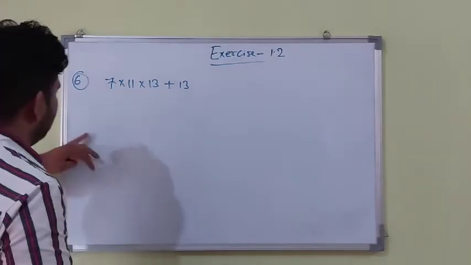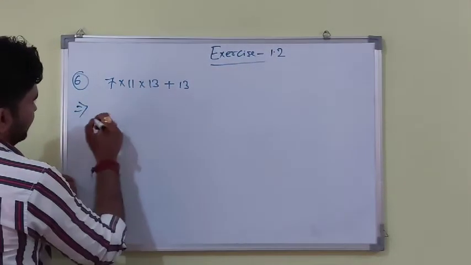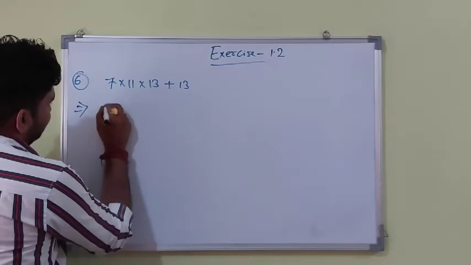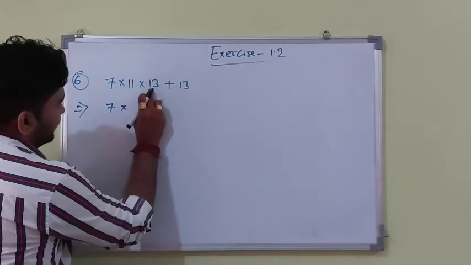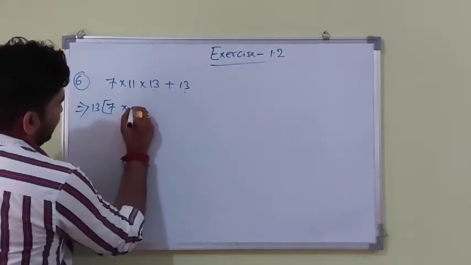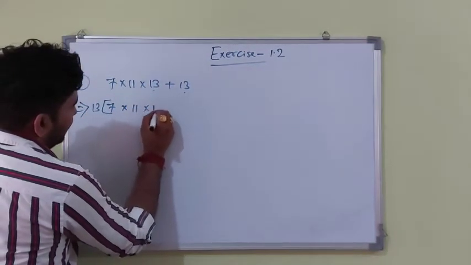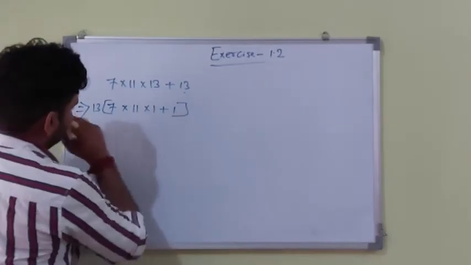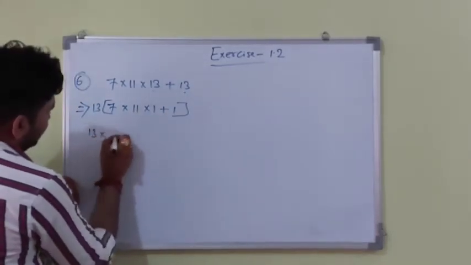So let's first find out: 13 and 13 are common, so please put it outside. 13 into 7 into 11 plus 1.